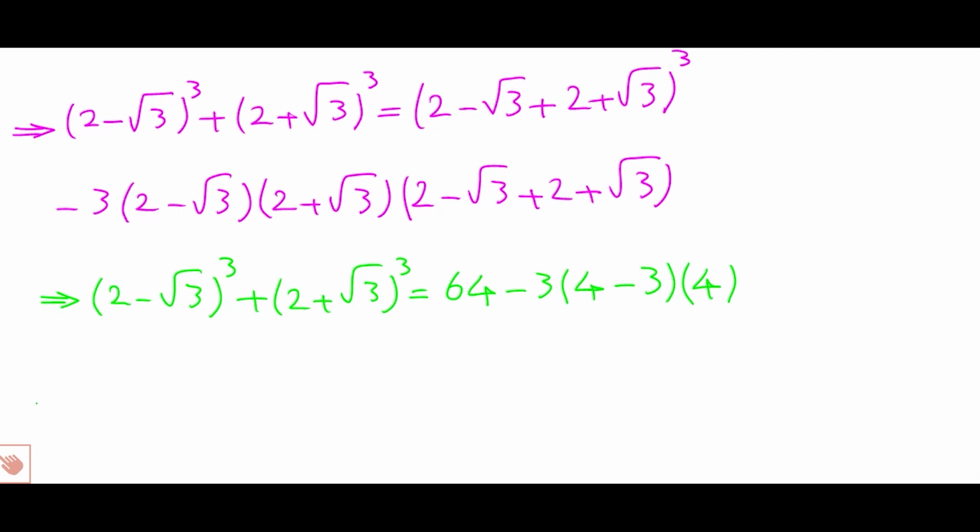Okay, so we get 64 minus 12, which is 52.